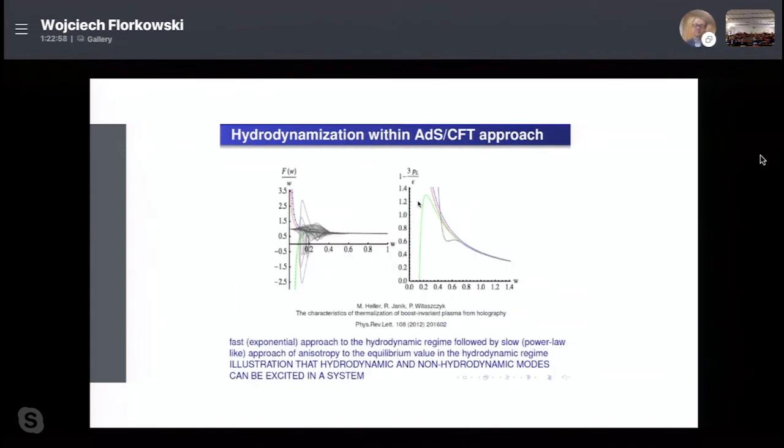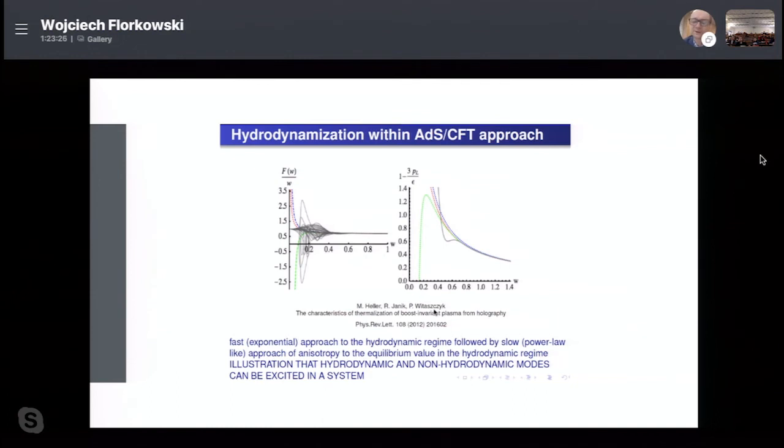So, okay, you can determine kinetic coefficients in this game for this theory, a conformal field theory, but you can also study different solutions corresponding to different initial conditions. And this was done by Heller, Janik, and Witaszczyk, my Polish colleagues. And this is the famous paper, already almost 10 years old.